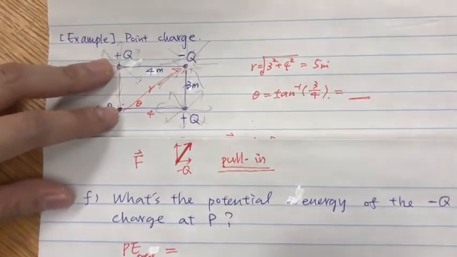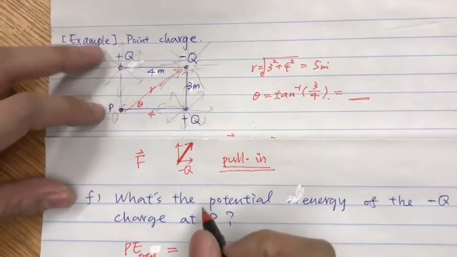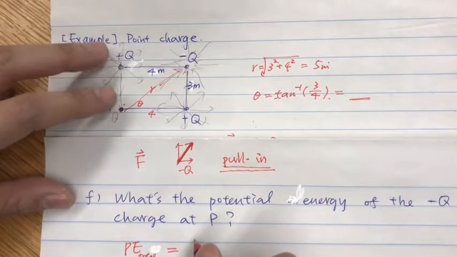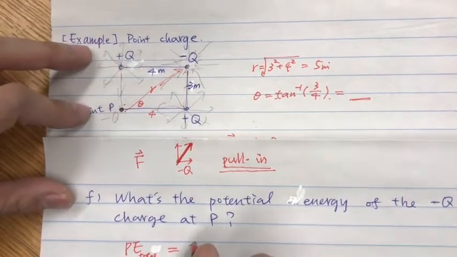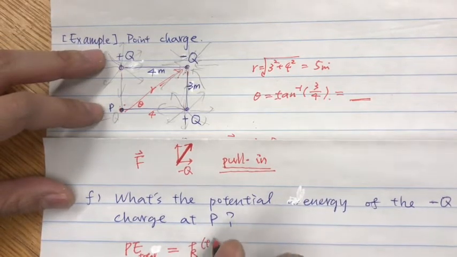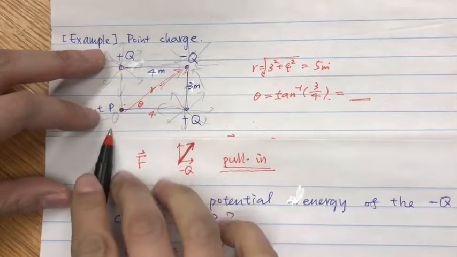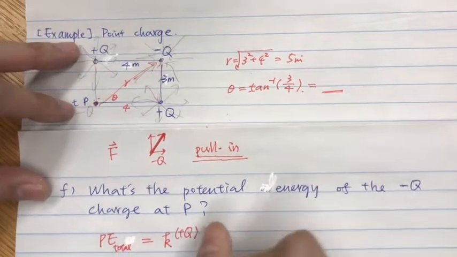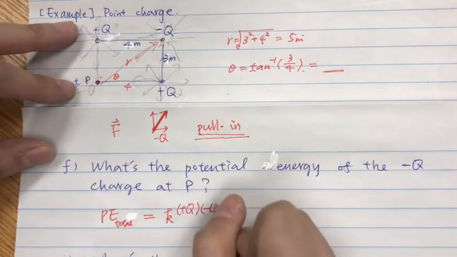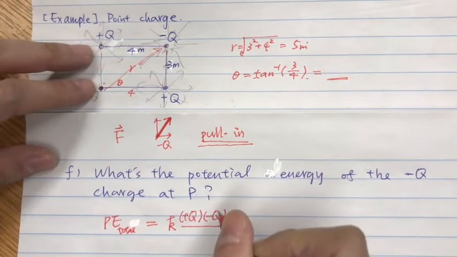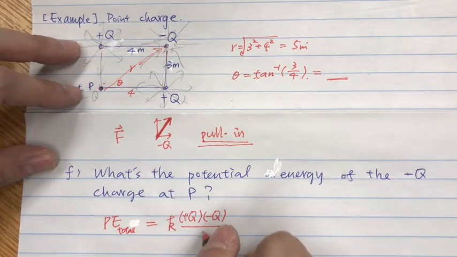Okay. So the potential energy between these two will be K plus Q. Here is a negative charge, so it's a minus Q, divided by R, and the R is 3.